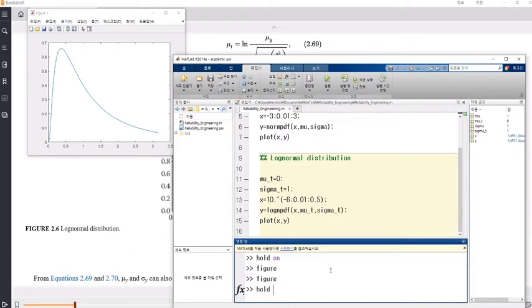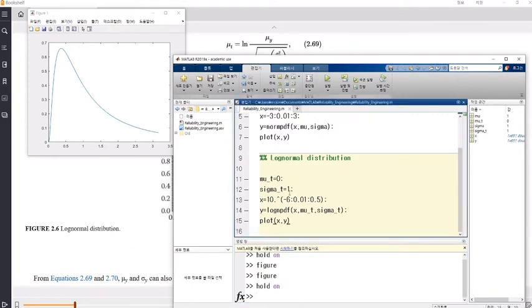And 0.5. So this is the graph for when sigma t equals 0.1. When sigma t is 0.1, this is the result.